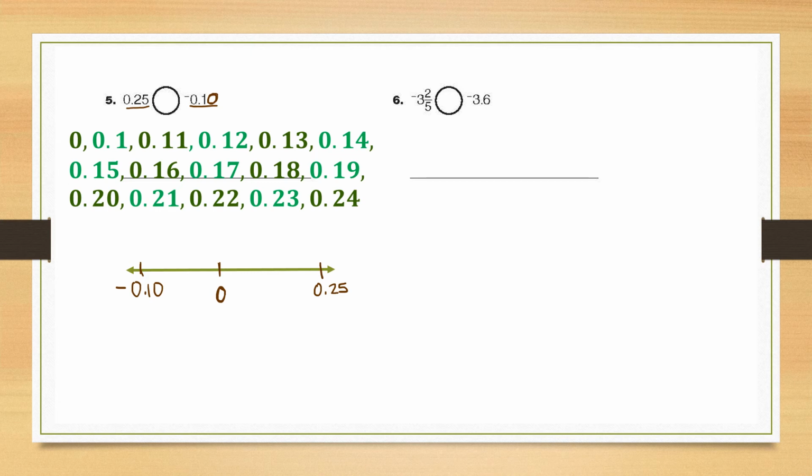Okay, so if we start at 25 and work our way down to 0, we're going to go 0.24, 0.23, 0.22, 0.21, 0.20, 0.19, 0.18, 0.17, 0.16, 0.15, 0.14, 0.13, 0.12, 0.11, 0.10, and then 0.